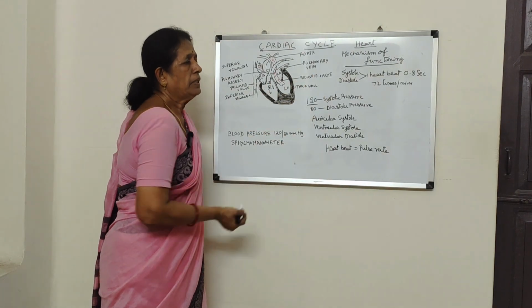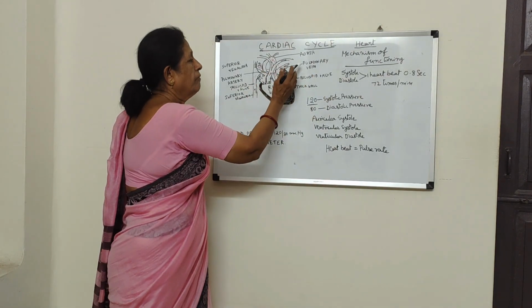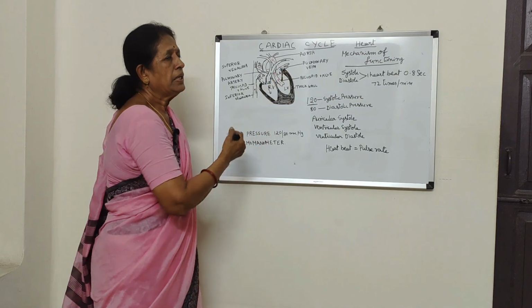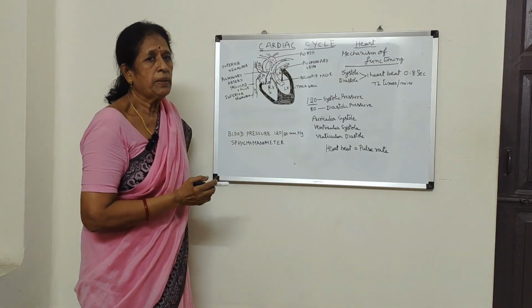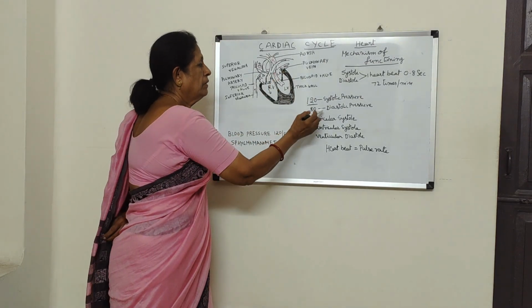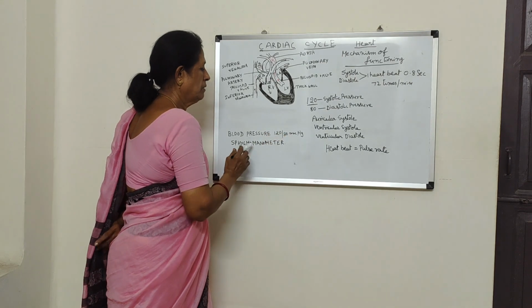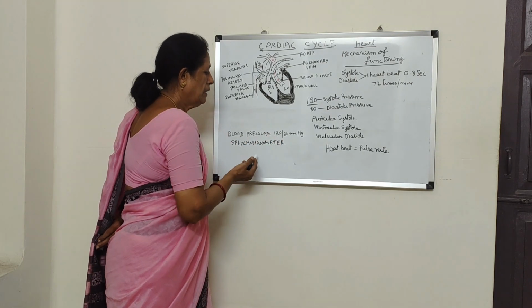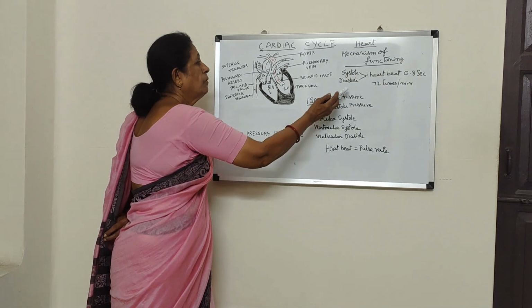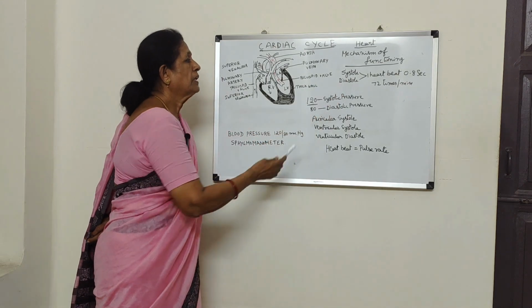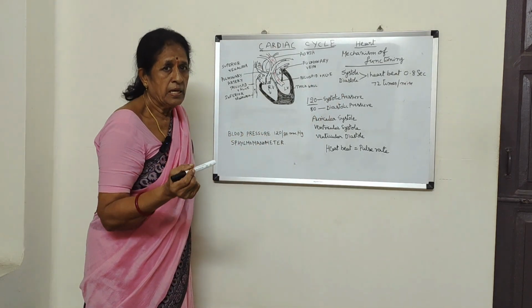This is quite interesting, and if you get acquainted with the technical terms, it will be very easy. You have to remember all these names. What is blood pressure? What is a sphygmomanometer? What is systole, diastole? Don't get confused. Systole means the contraction phase.